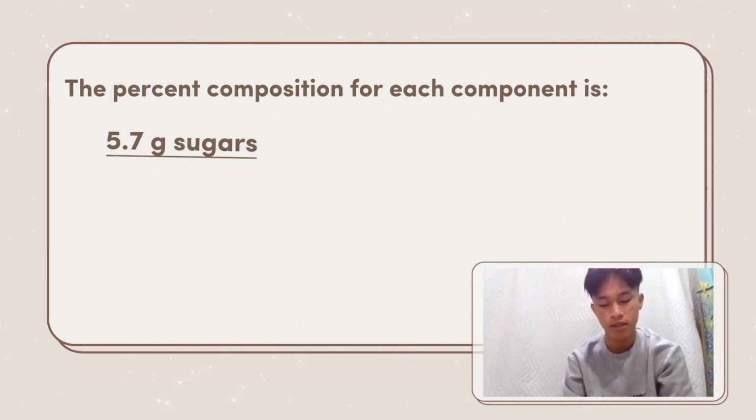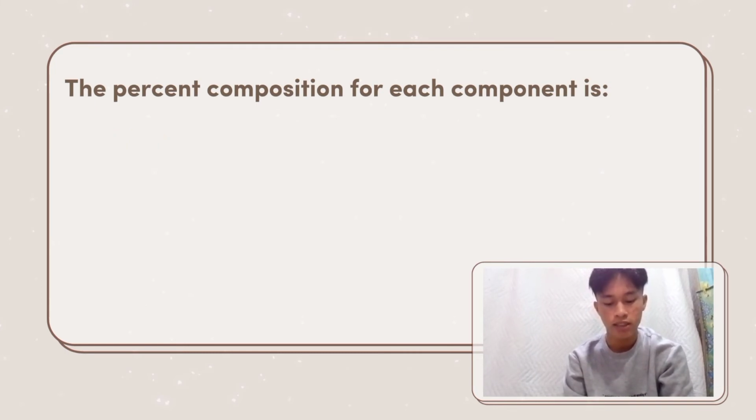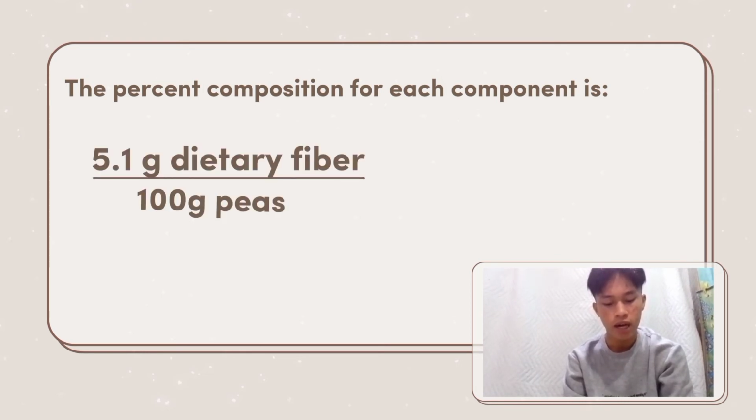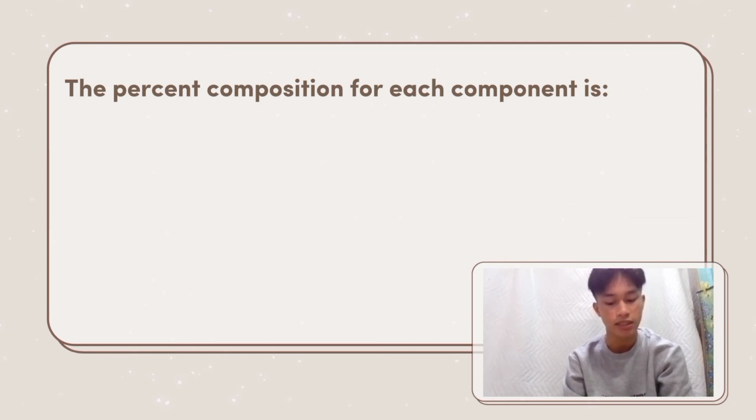For sugar, it is 5.7 grams divided by 100 grams peas, multiply by 100 equals 5.7% sugars. Then for dietary fibers, it is 5.1 grams divided by 100 grams peas, multiply by 100 equals 5.1% dietary fibers.